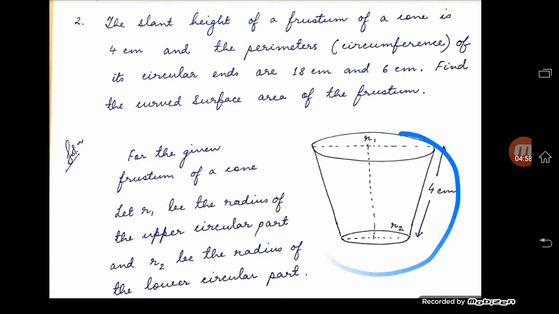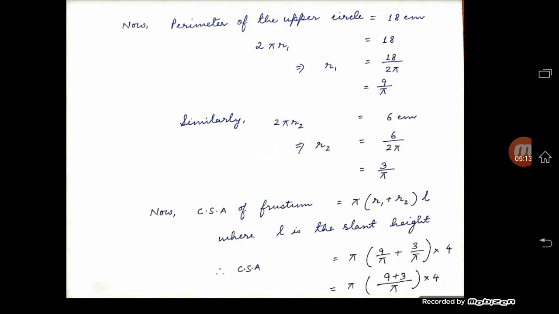So let us assume that r1, that means the bigger circle radius, will be r1 and the smaller circle radius will be r2. Now since perimeter formula is twice pi r for a circle, we put the formula for perimeter of the upper circle.